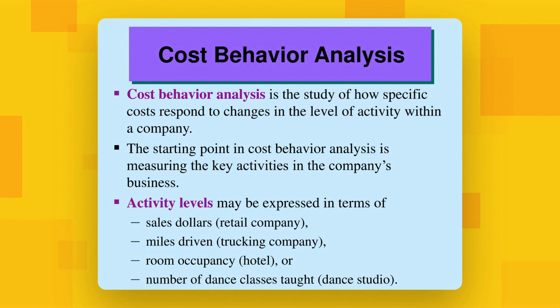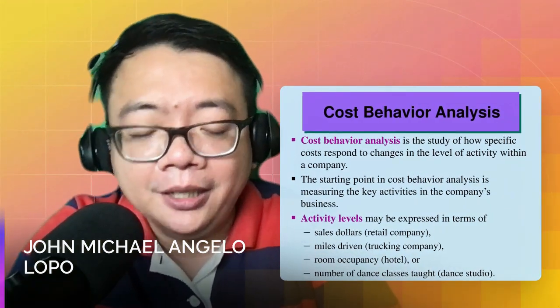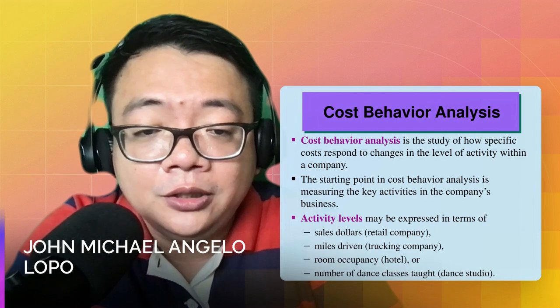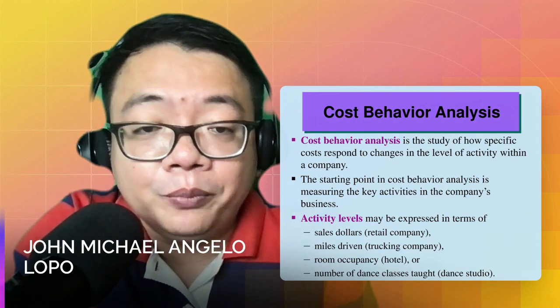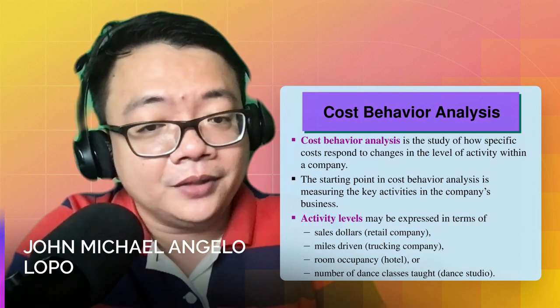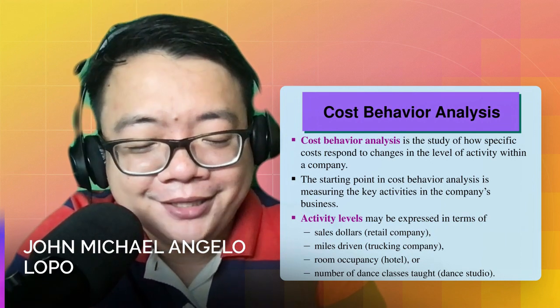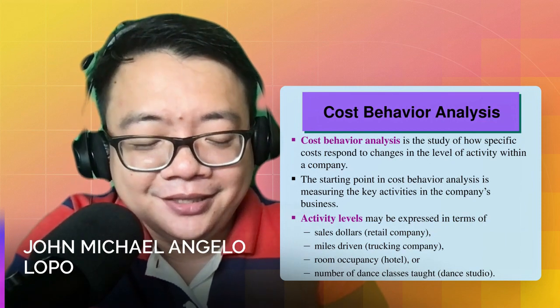For a trucking company, it is how many kilometers or miles you have driven. For a hotel, of course, it would depend on the room occupancy. And the last one is a dance studio, the number of enrollees in your dance class.